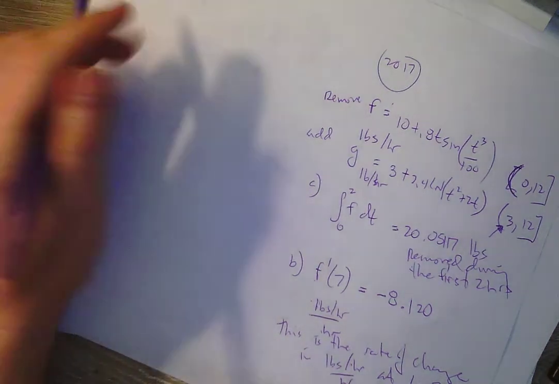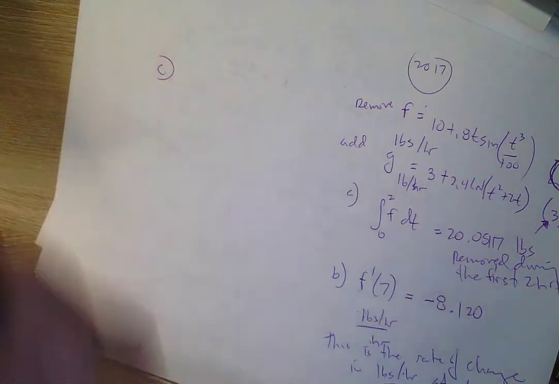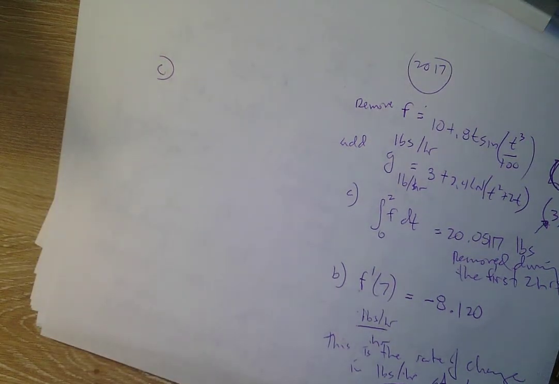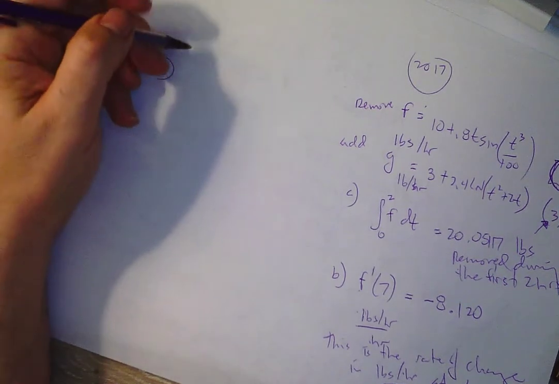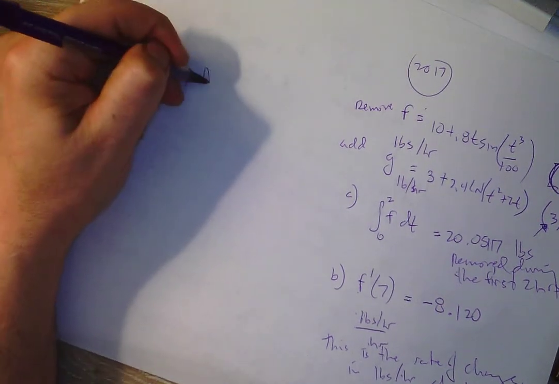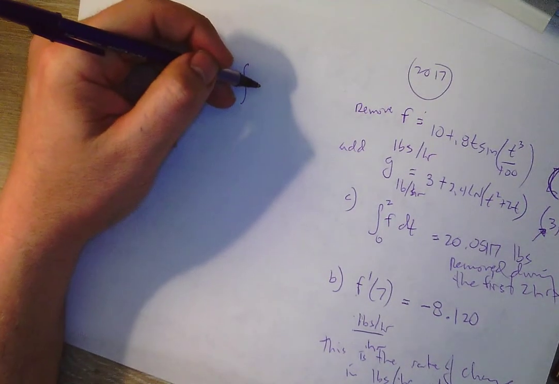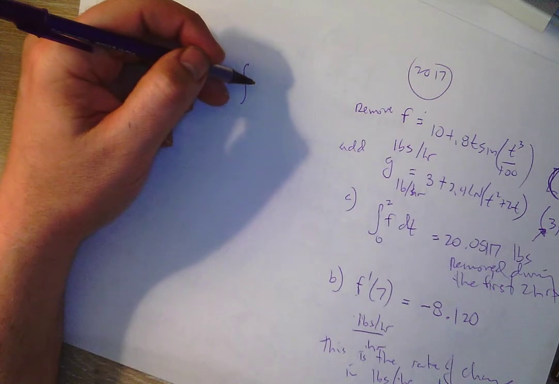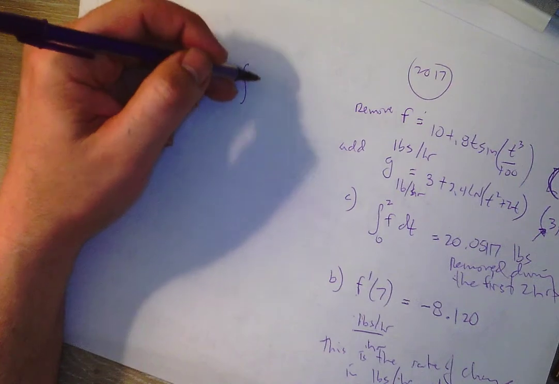C. Is the number of pounds increasing or decreasing at time equal to 5? Well, if I think about my amount function as being the amount at time 0 plus the integral, oh boy, this is awkward because it wasn't happening the same amount of time.